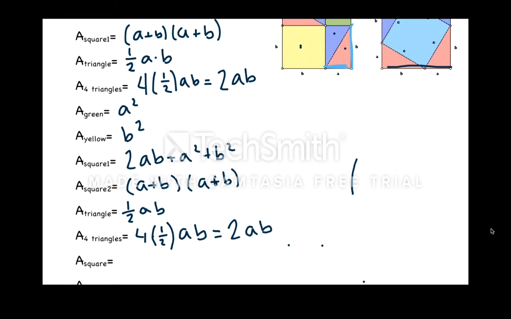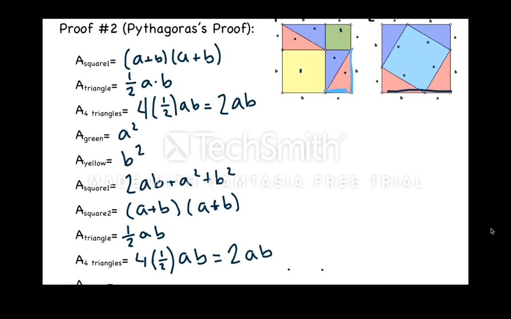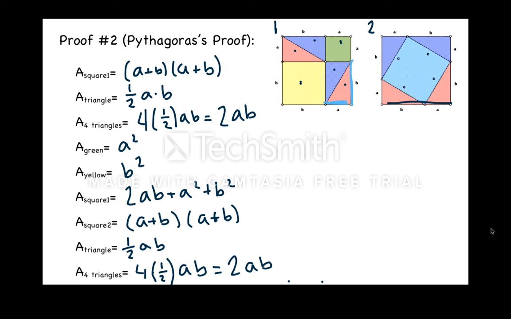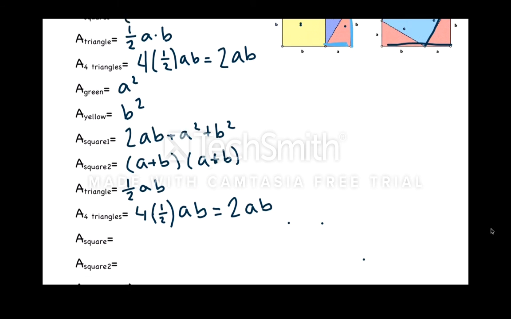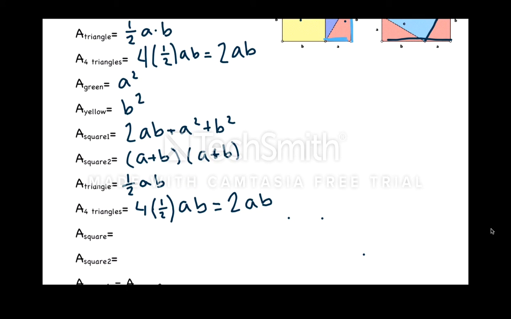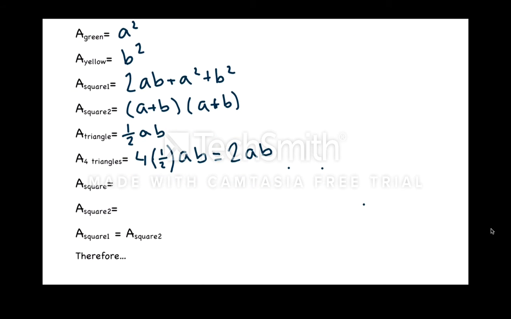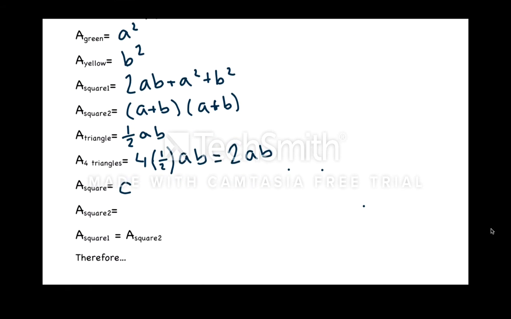So now let's look at the square that's inside of that big square number 2. One side length on that square is length C. So the area of the square is C squared.